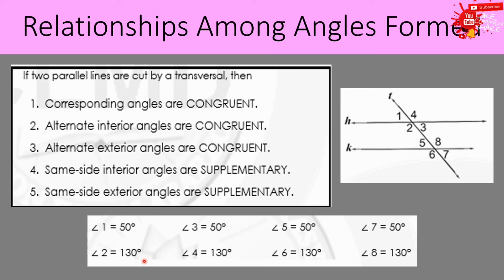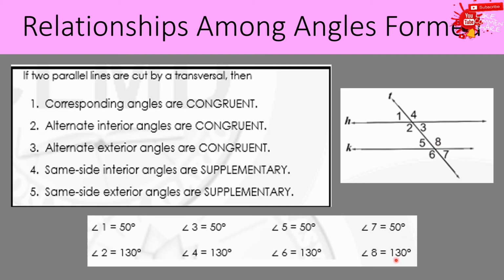Why? Because angle 2 and angle 6 are corresponding angles. And corresponding angles are congruent. So if angle 6 measures 130 degrees, of course, the measure of angle 2 is also 130 degrees. And of course, angle 4 and angle 8 are corresponding angles. If the measure of angle 4 is 130 degrees, therefore, the measure of angle 8 is also 130 degrees.